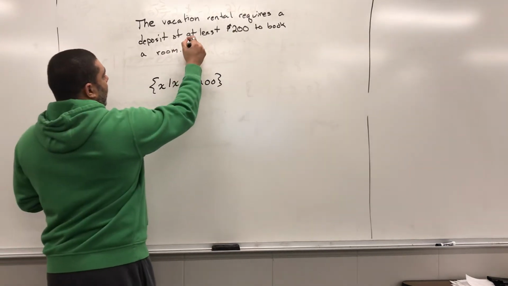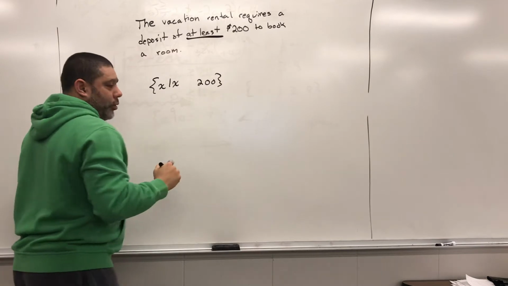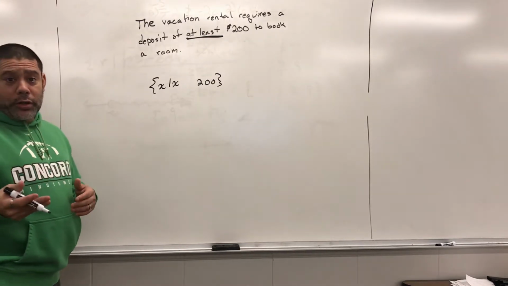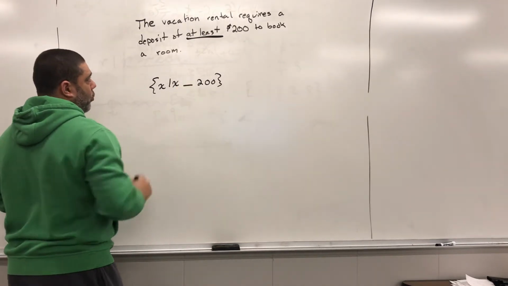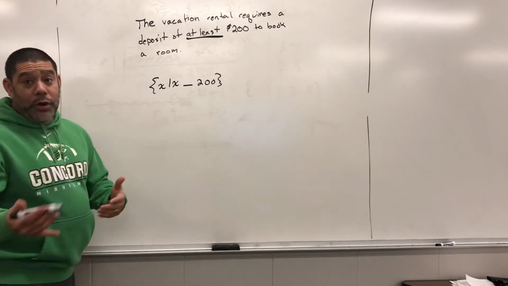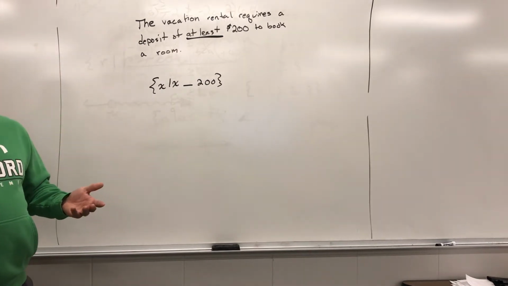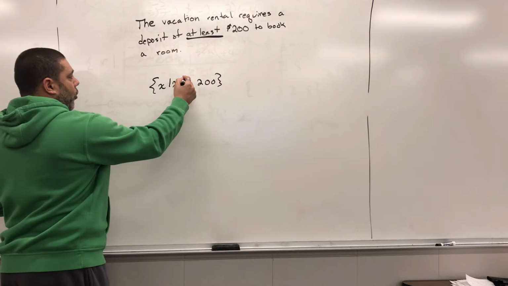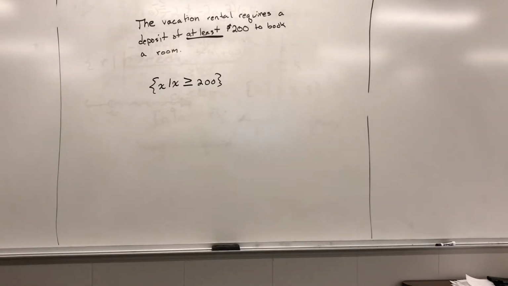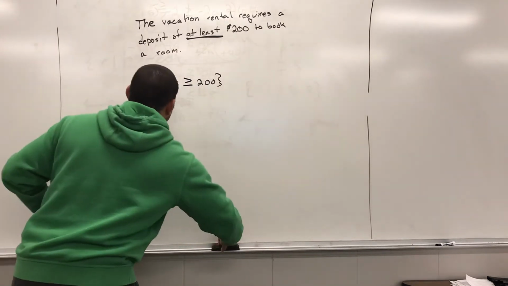It's at least $200, so 200 would work. That means I do need the or equal to sign. Then remember, we have to think about which values work. Numbers like $250, $270 would work for deposits. So they are wanting the numbers that are greater than or equal to 200.